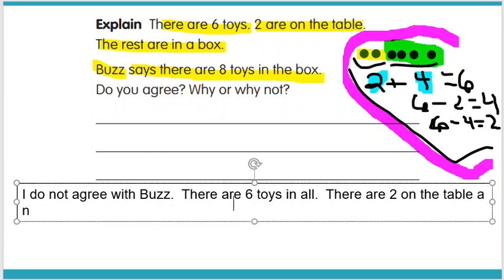So there are 2 on the table and 4 in the box. So we know that Buzz is not correct. So we know that 2 plus 4 equals 6. And we also know all of the other ones that go with that as well. So there you go. That's how you go ahead and solve the missing addend problems.